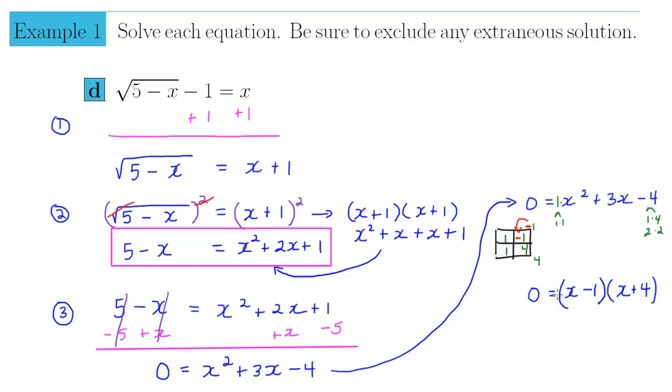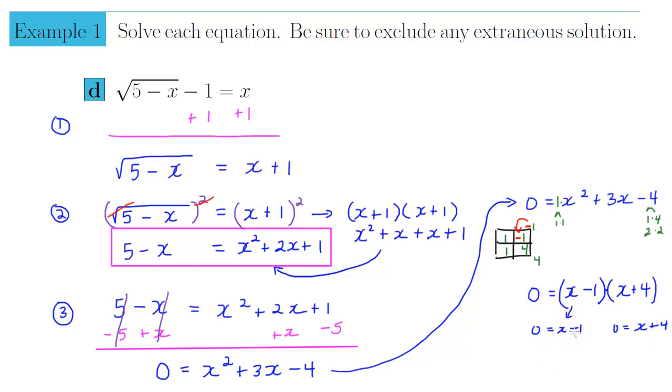And then the zero product principle tells me if I have a product equal to 0, I can set each factor to 0. So I get either 0 equals x minus 1 or 0 equals x plus 4.